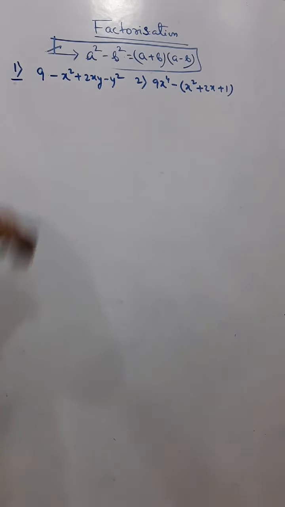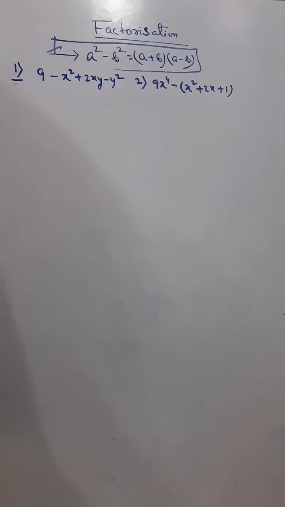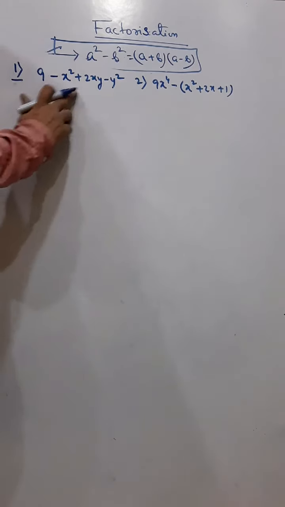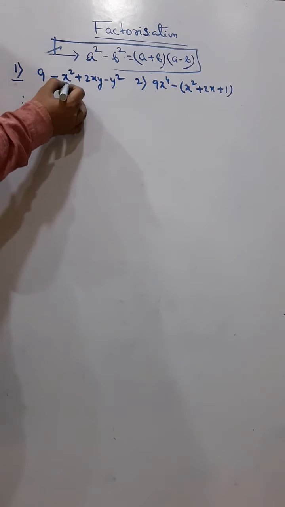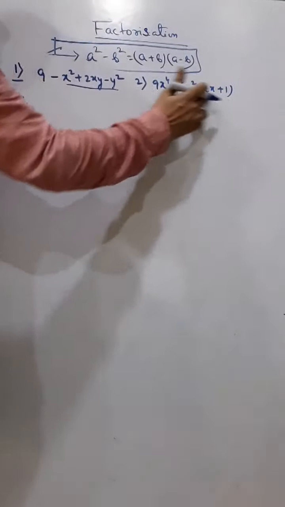Okay, now we'll do some sums according to the format that I've shown you just now. You can see now these two are in that form. Here if you see, this is the part of that a minus b or a plus b whole square format, and here this is the part.